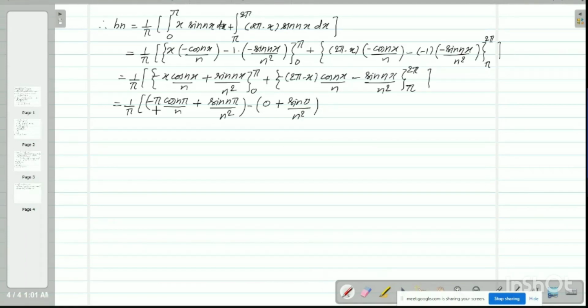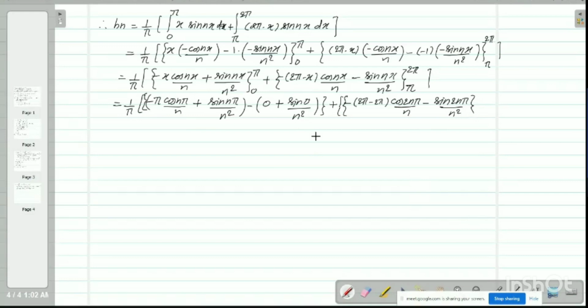This is for your first term, and plus second term. Second term is minus 2 pi minus 2 pi for the upper limit, cos 2n pi by n, minus sine 2n pi by n square.